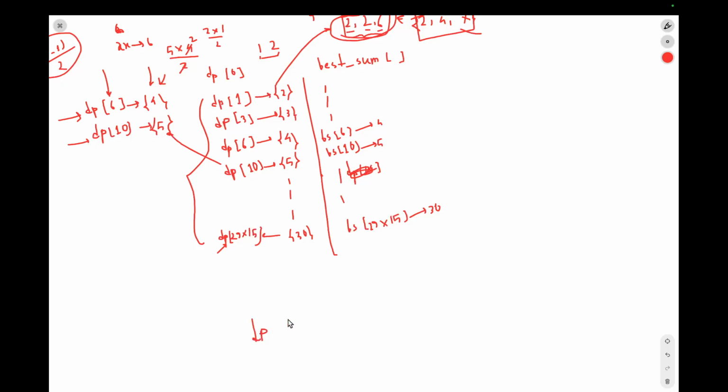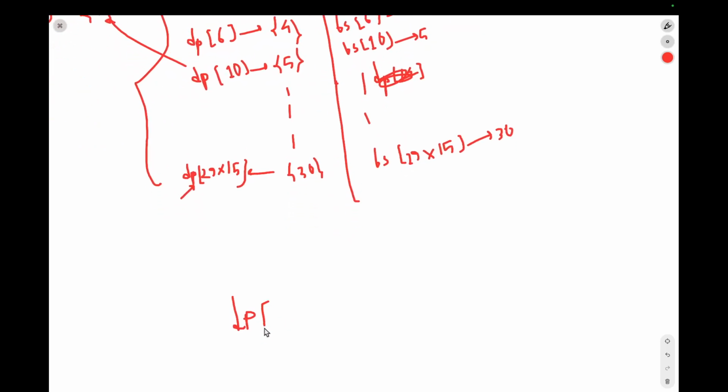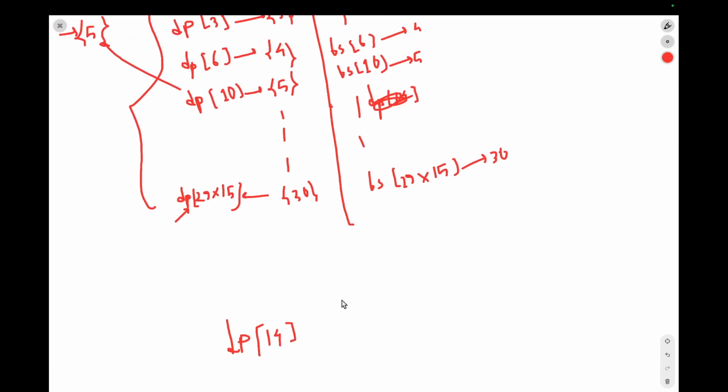So how can we do that? We will iterate from 1 till 13. So dp of 14 is nothing but, let's say we have an x. So we have to know dp of x, and we need to know dp of 14 minus x.